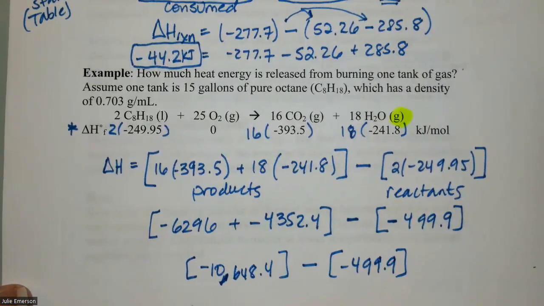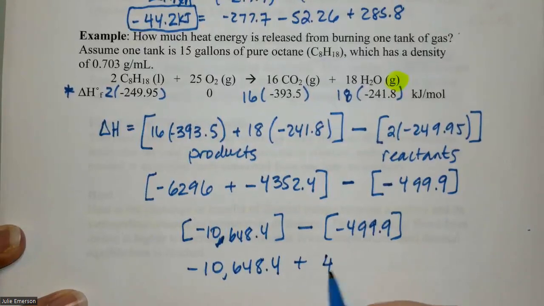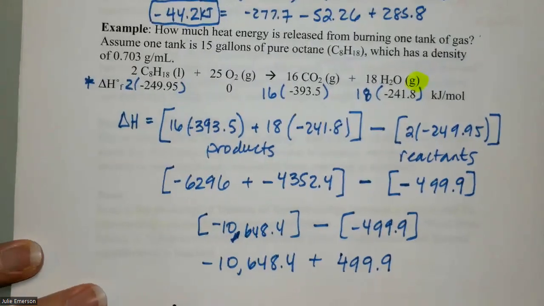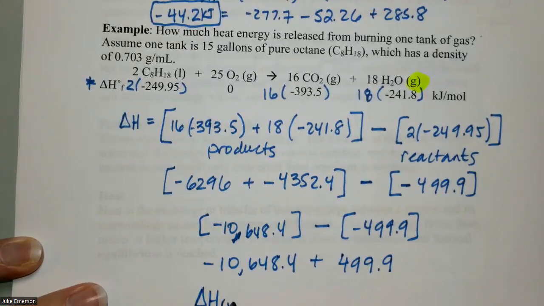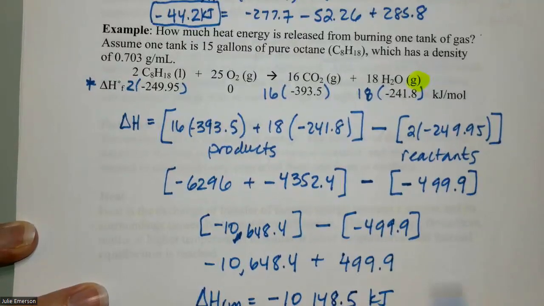Okay, so I'm going to take negative 10,648.4, minusing the negative means I'm now adding it. All right. So when I add all that together, I get a delta H for the reaction of negative 10,148.5 kilojoules.